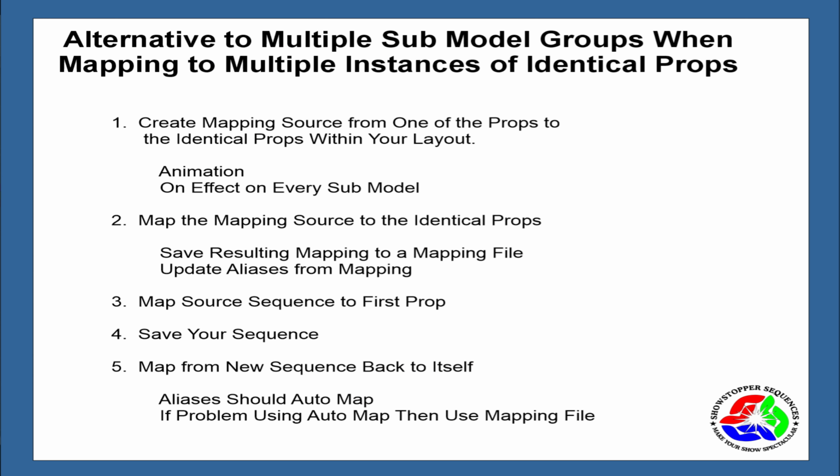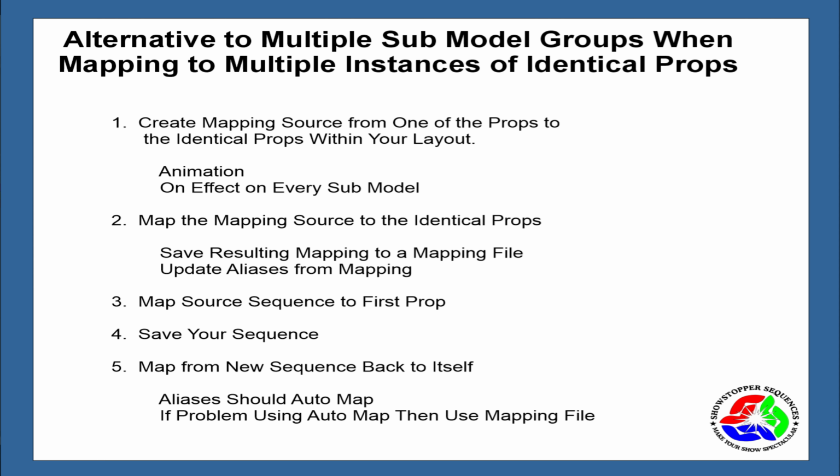Now, one of the neat things about that technique is when you are creating the mapping file from the first prop, you can make decisions about what you want to do. Do I want these to be identical, or do I want to change these up a little bit? What I mean is, when you create the mapping file to the aliases, since I've divided up the prop by region, you can change where the mappings go and know that it's still going to cover the same region of the prop.